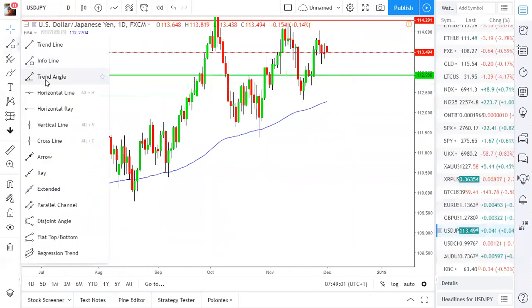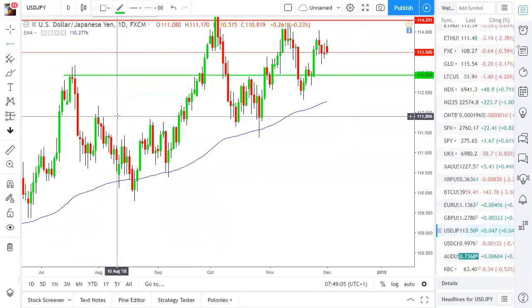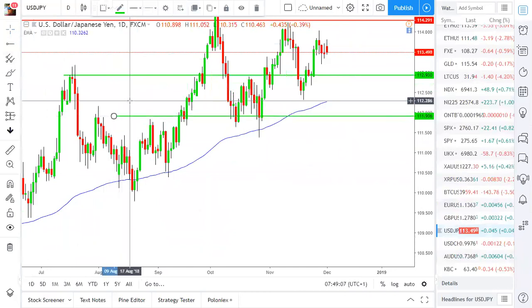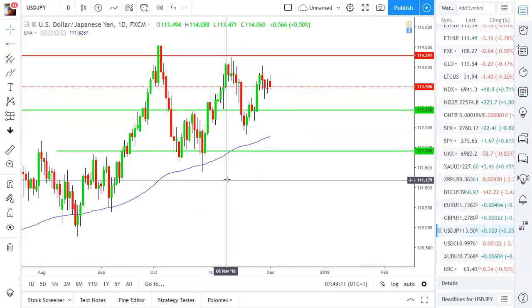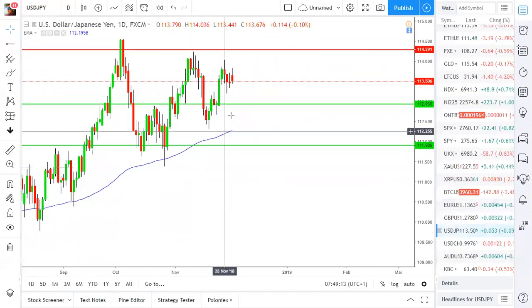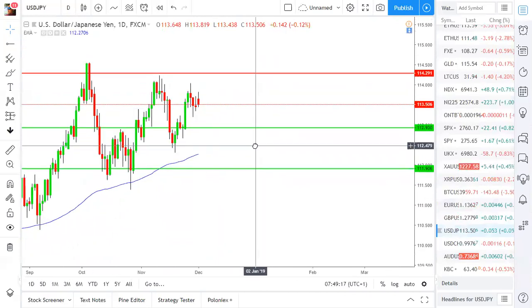The other level that I can quickly spot right here would be around this level here. That looks quite interesting as well as support. So I would say the market might even break through this support and come back and test this support.